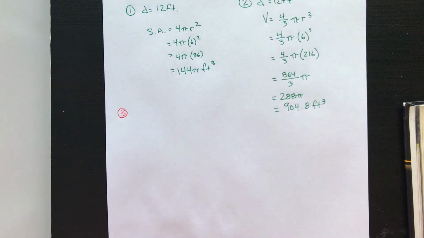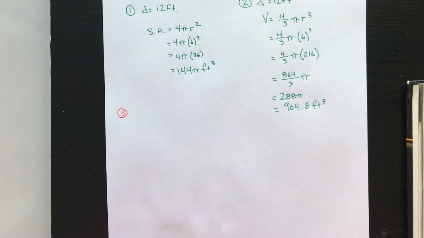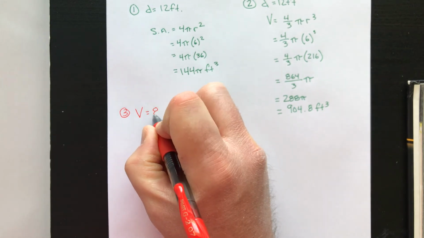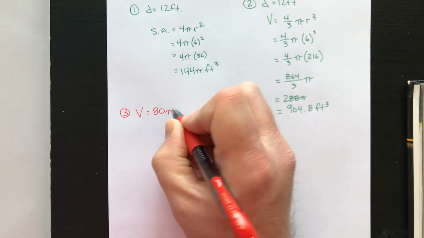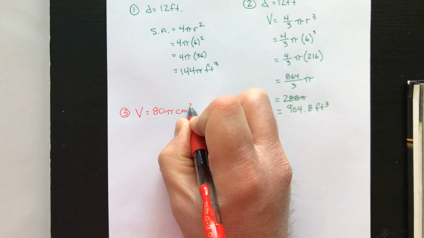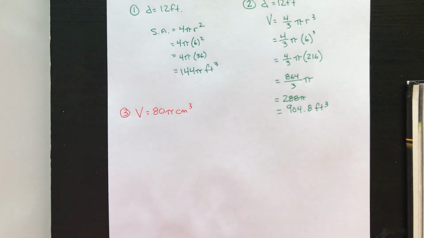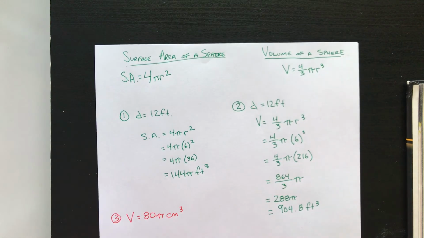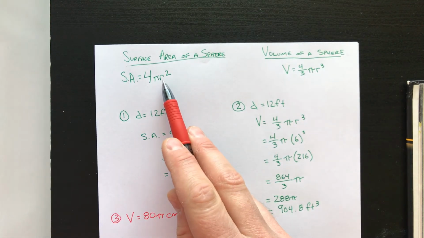So they tell us that the volume of a sphere is 80 pi centimeters cubed. What is the surface area to the nearest whole number? Well, if they give us the volume and they want surface area, the only thing that we need for surface area is the radius.